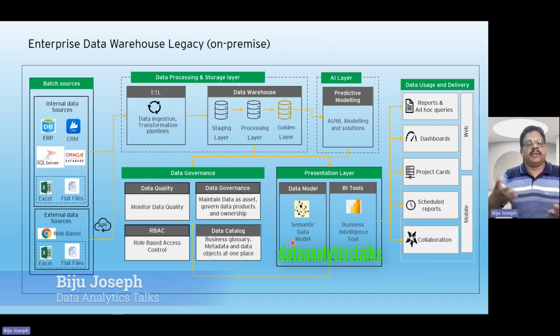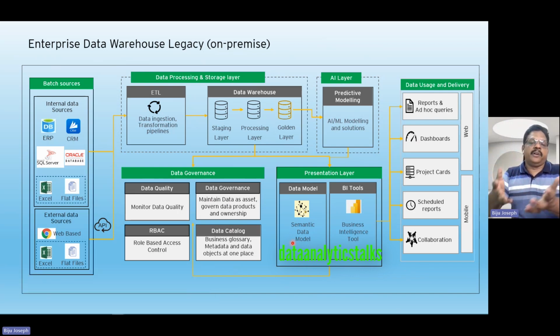You will have to distribute your golden data to your LOB systems, maybe reports, maybe dashboards, maybe other cards, or scheduled reports or collaboration. It could be mobile, it could be website. So if you are thinking to design a legacy data warehouse, these are the components that you will have to set up. Data may come through the ETL process. Also, it can come through APIs.